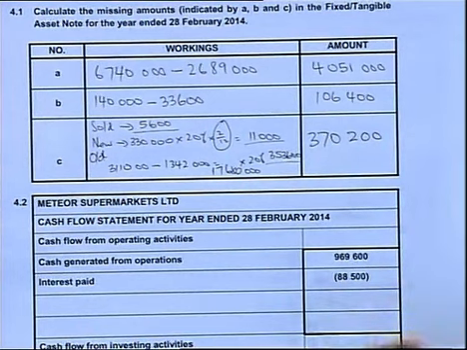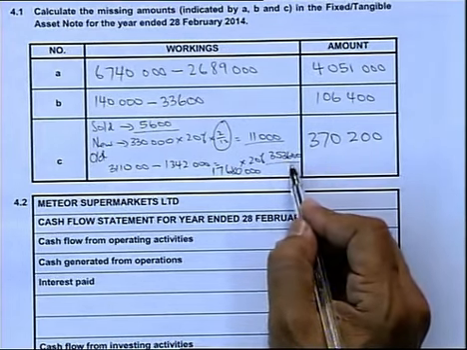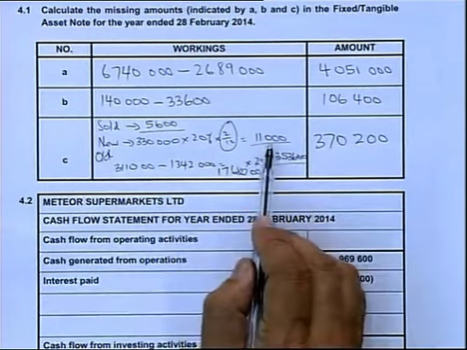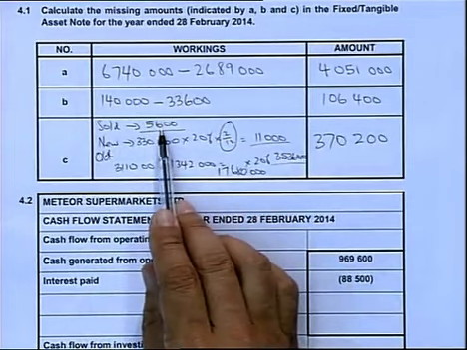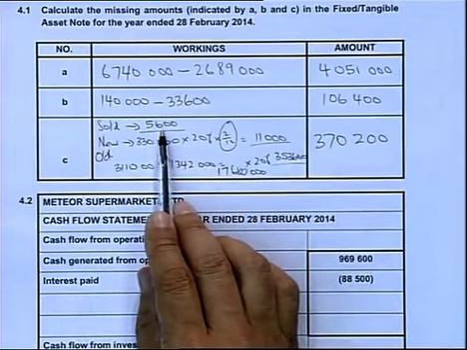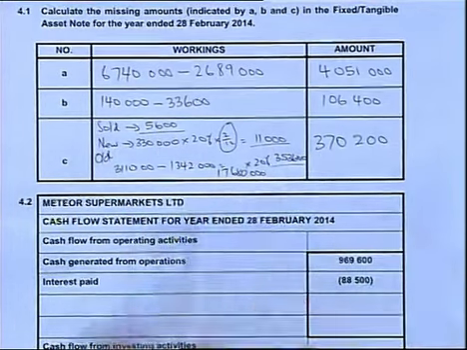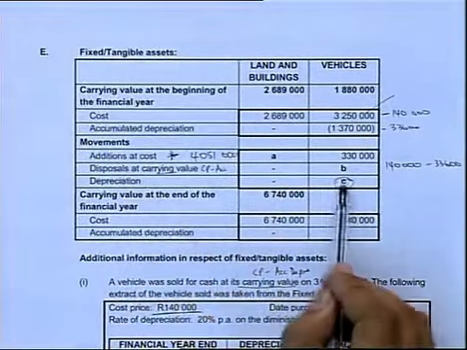Right, the 353,600 is only the depreciation on the old vehicle. 11,000 is the depreciation on the new vehicle, and 5,600 is the depreciation on the vehicle that was sold. So we have to add those three depreciations together because the letter C wants us to calculate the depreciation for the year.